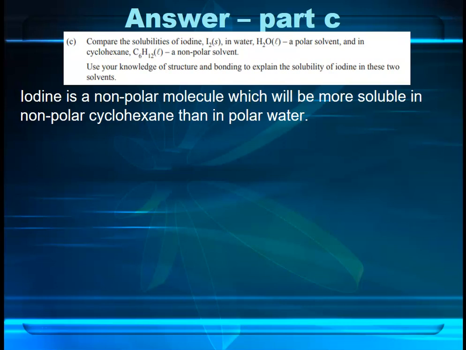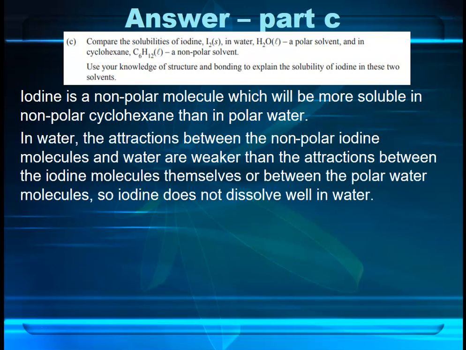Use your knowledge of structure and bonding to explain the solubility of iodine in these two solvents. So now we've compared, now we have to explain. Right, so in water, the attractions between the nonpolar iodine molecules and water are weaker than the attractions between the iodine molecules themselves or between the polar water molecules. So iodine does not dissolve well in water.